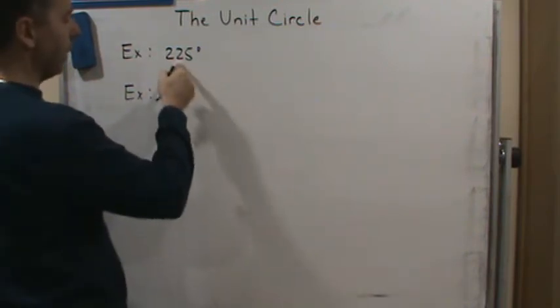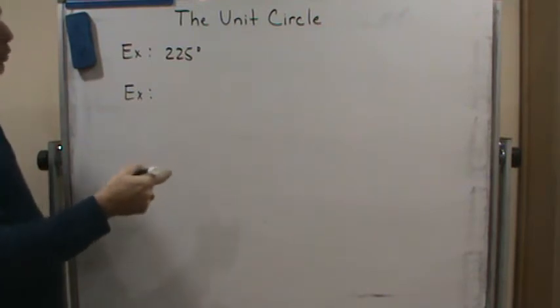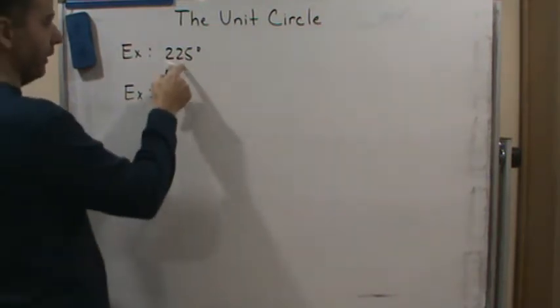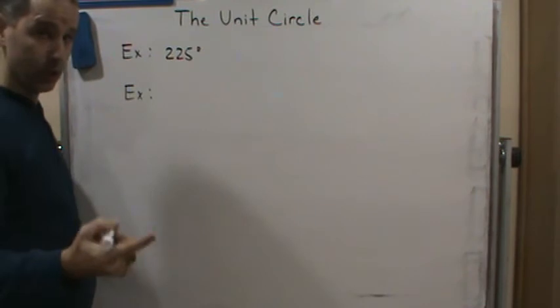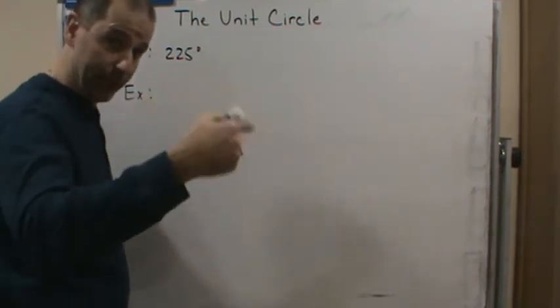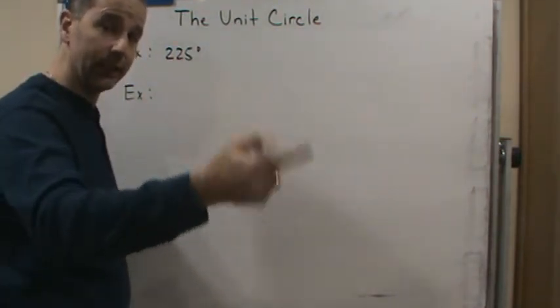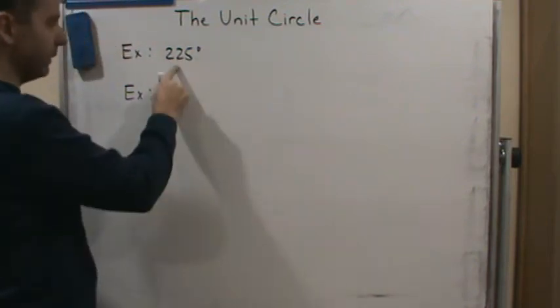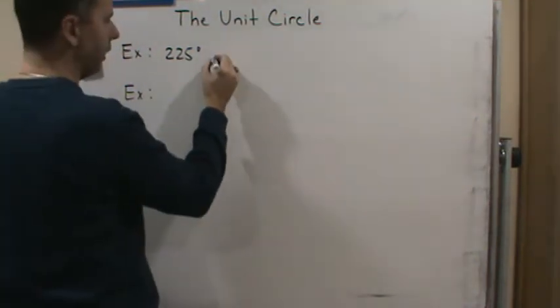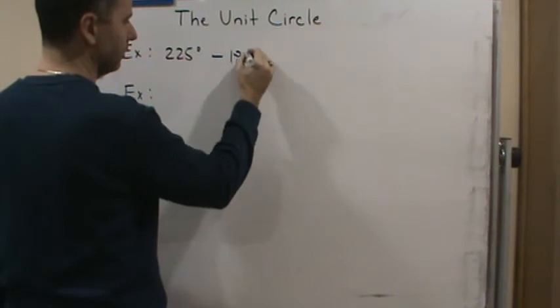So it's in the third quadrant, so what do we do? We take this angle and we subtract what? This goes back to the previous videos. We subtract 180, so in degrees we subtract off 180 degrees.